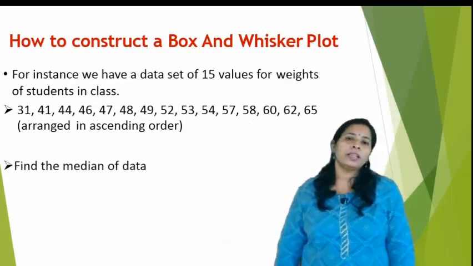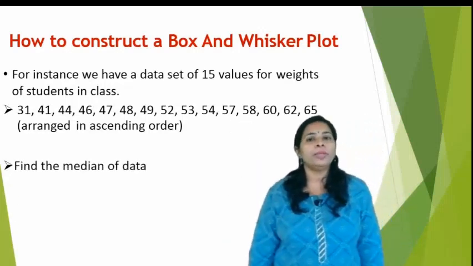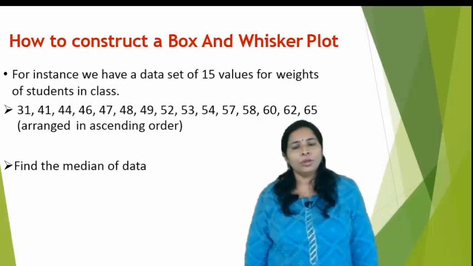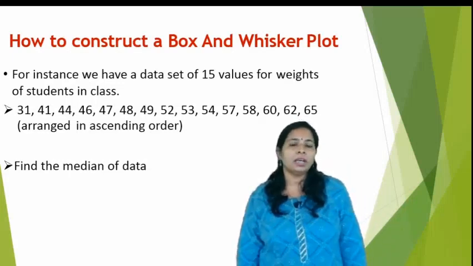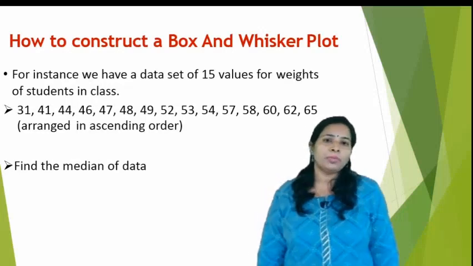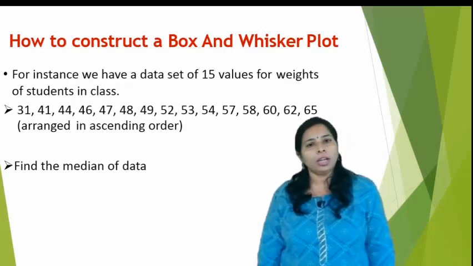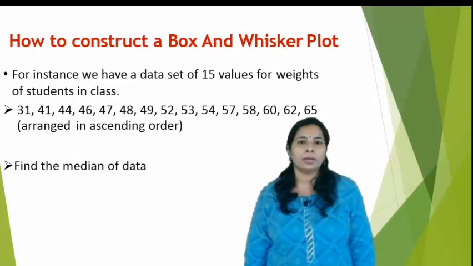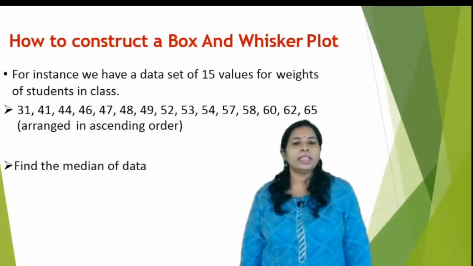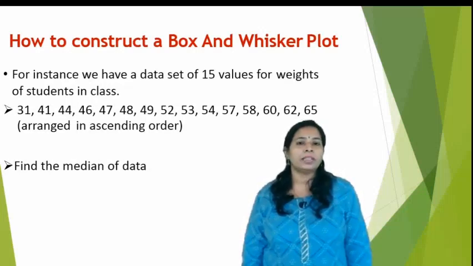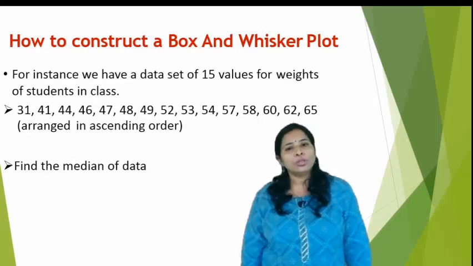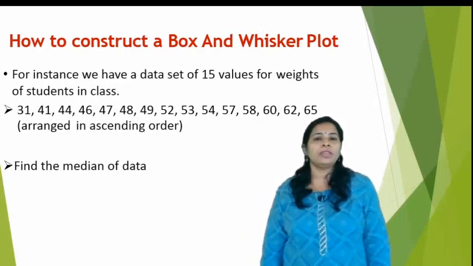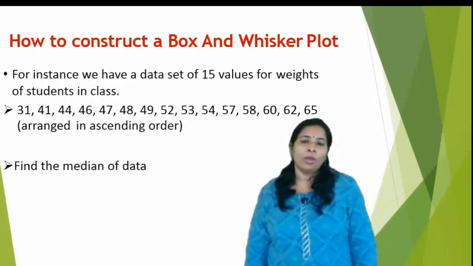Now, the second step is to find the median of the data. It might be that the data is in odd numbers or in even numbers. Here the data is in odd numbers, that is, 15 values. So the formula is (n plus 1) divided by 2 th item.